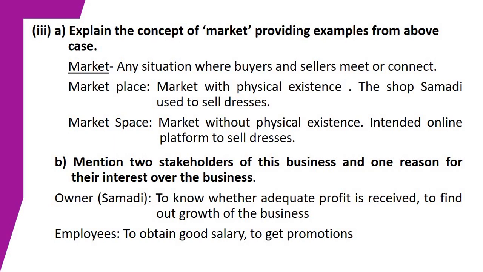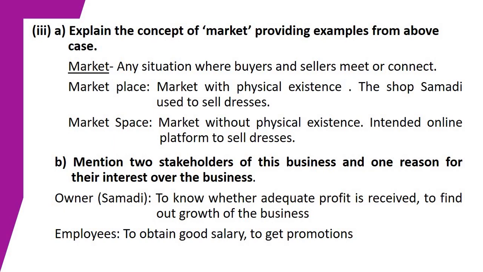So in the case, it clearly mentions 2 stakeholders. Those are the owner and the employees. Also you can write about the customers, sometimes the government, it's okay. Now here you have to mention 2 stakeholders and also 1 reason for their interest over the business.